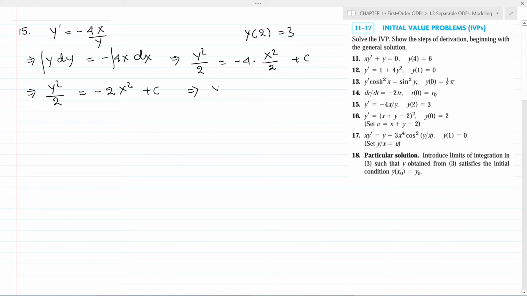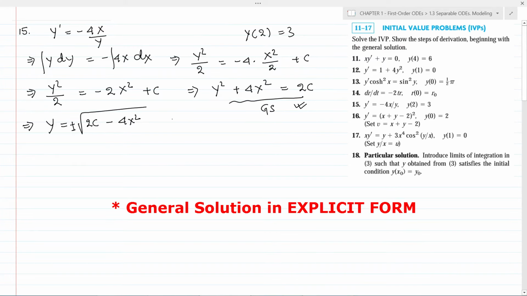This implies y square plus 4 x square is equal to 2c. This is the general solution. We can see that this is an equation of an ellipse. This implies y is equal to plus or minus square root of 2c minus 4x square, and this is the general solution in implicit form.